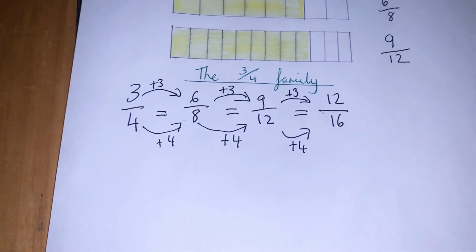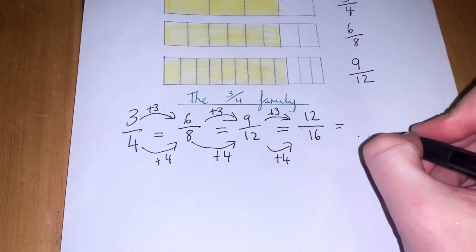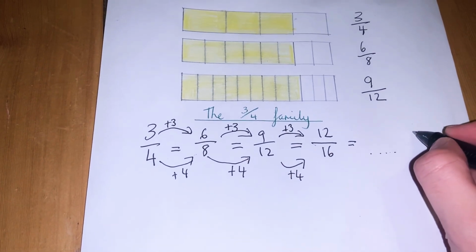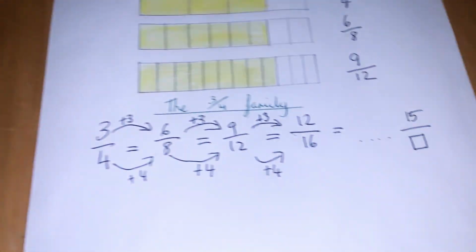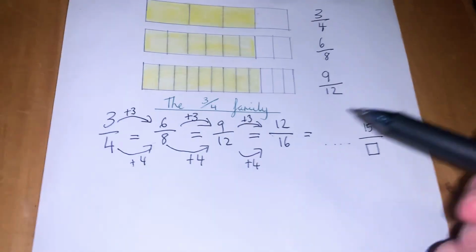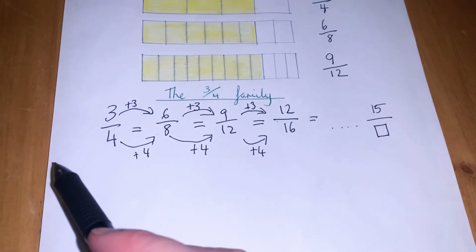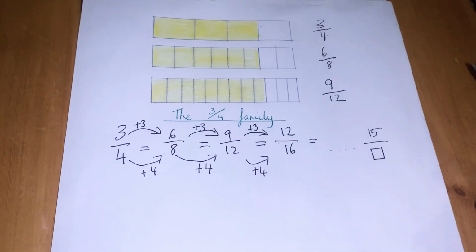Right, I'm going to see if I can find one larger. I'm going to find 15. We're going to use multiplication here to help us find this one. So how to get from 3 to 15? We know that 3 times 5 gives me 15.